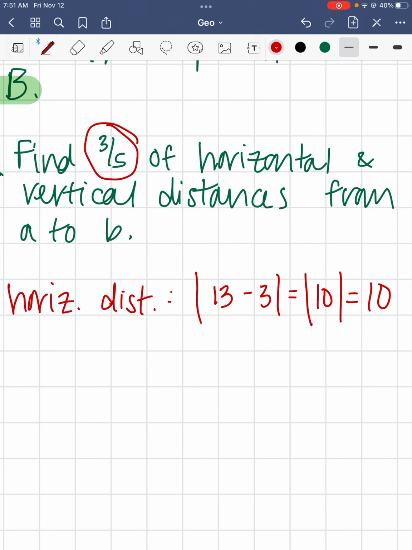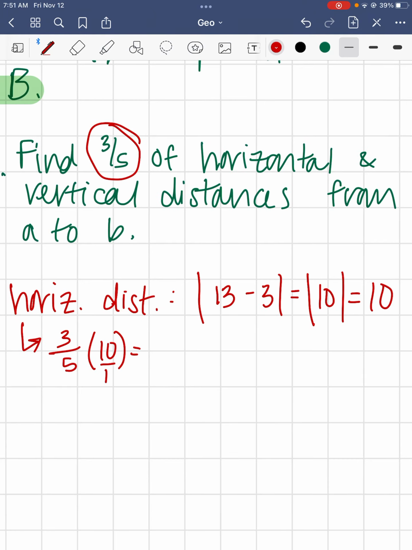Okay, so we have the distance, and now we want 3/5 of that distance. Well, 3/5 of 10, that "of" represents multiplication, right? And that's exactly what we're going to do. We're just going to multiply 3/5 times 10. We're going to be multiplying these fractions, so let's make this one a fraction over 1. Now we have 3/5 times 10 over 1.